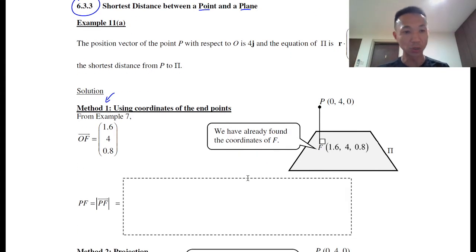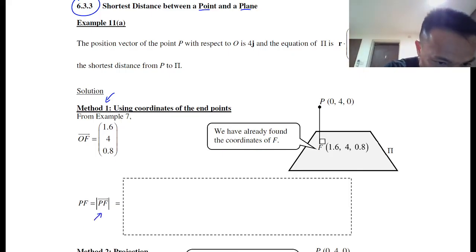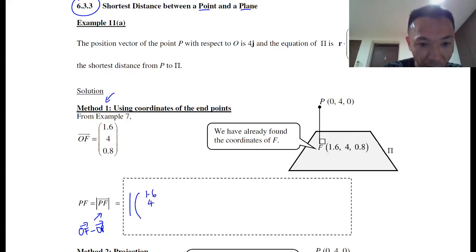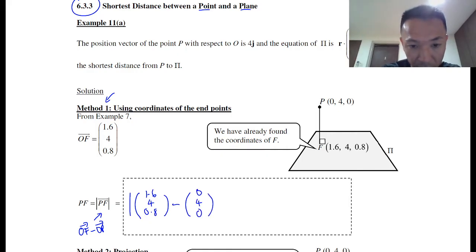So, let's do the simple calculations. This is actually OF minus OP, correct? OF is (1.6, 0, 0.8) minus OP, which is (0, 4, 0).